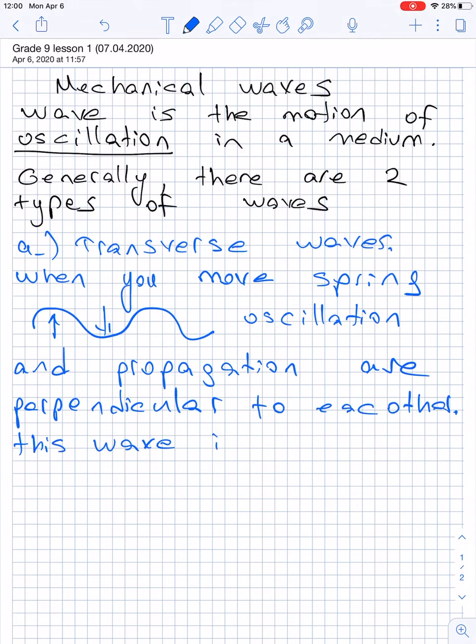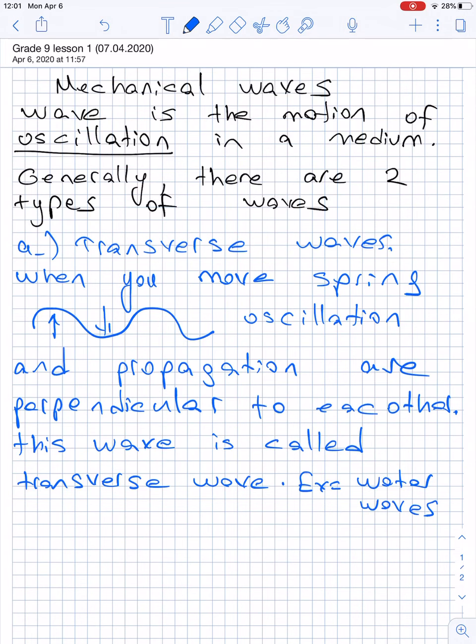This wave is called a transverse wave. Example, water waves.